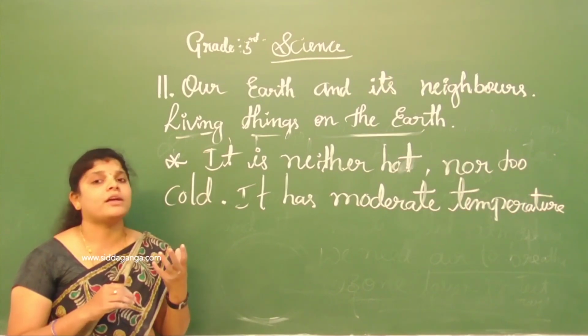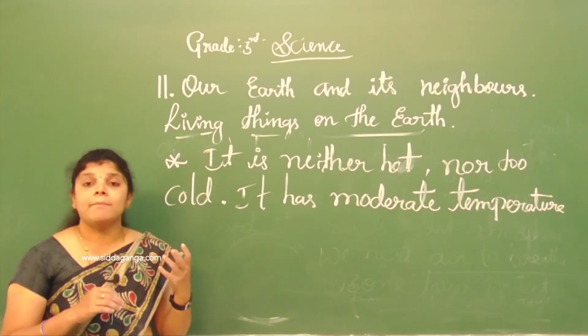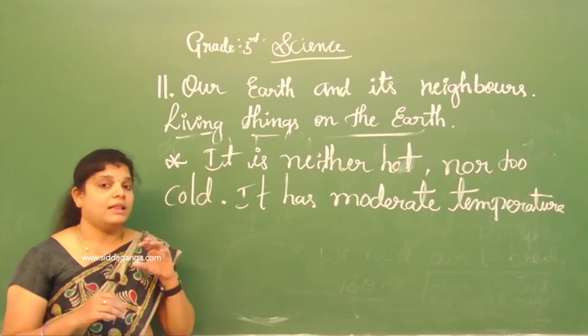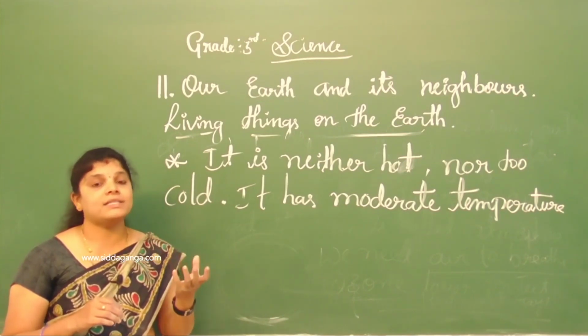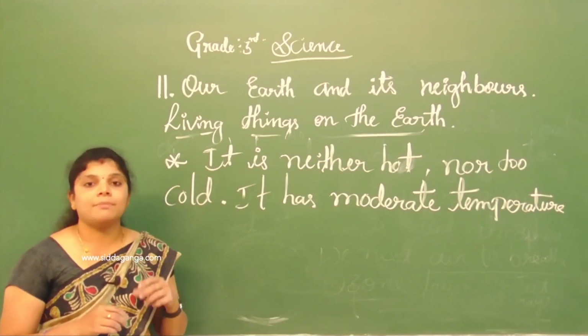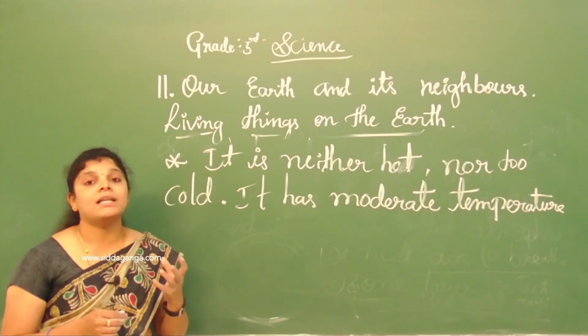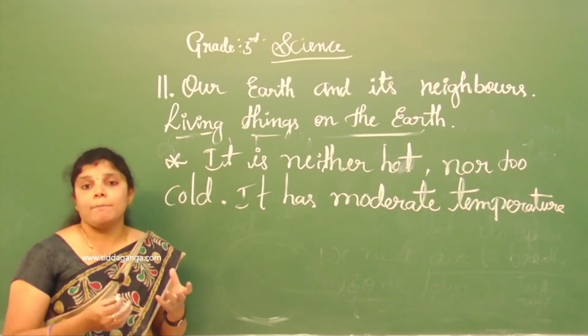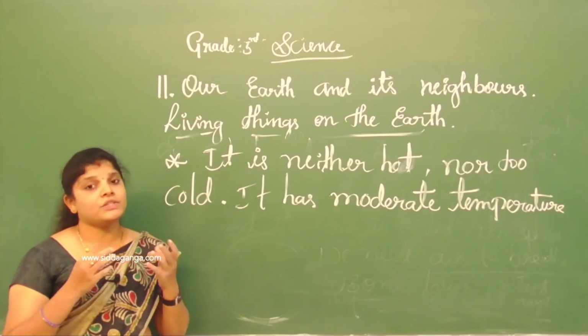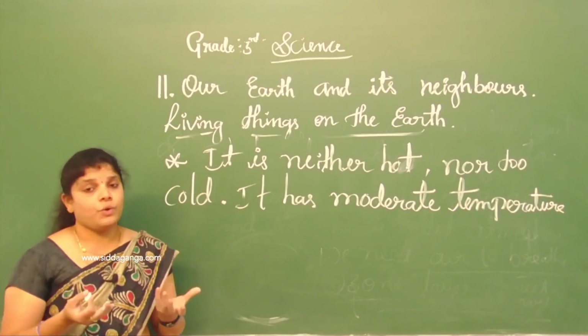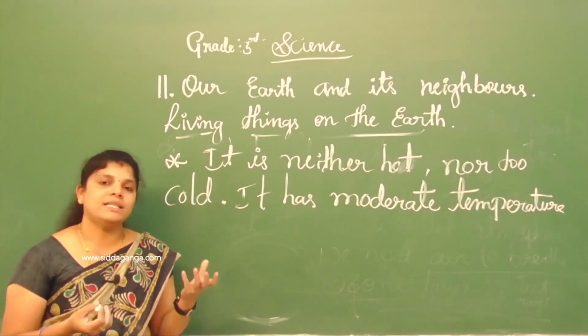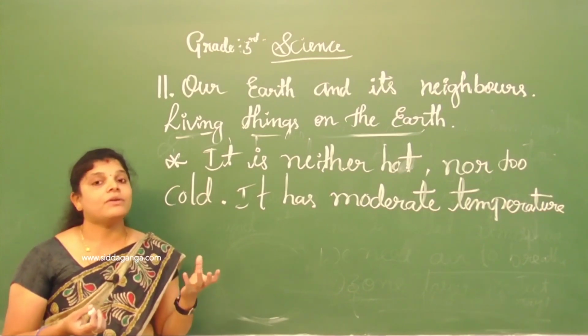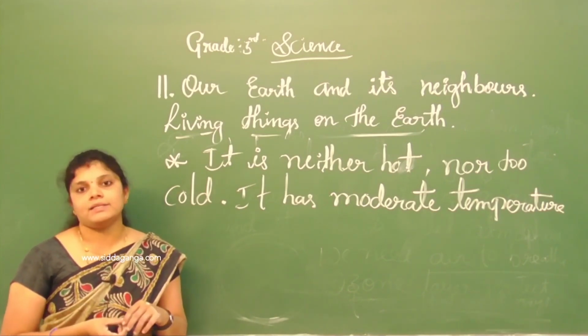So the moderate temperature available to us is not there. So that's why life cannot exist on the other planets. Because there is no moderate temperature, there is no water, there is no air. For these reasons life cannot exist on other planets.